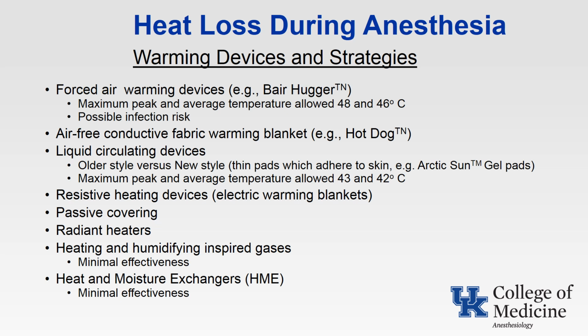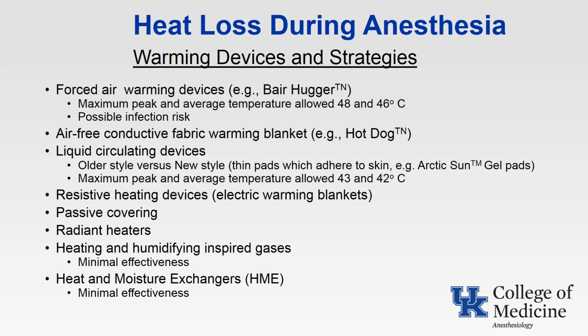What are some of the warming devices and strategies? The most important nowadays is forced air warming, the so-called Bair Hugger. Air-free conductive fabric warming blankets like the Hot Dog. Liquid circulating devices. Resistive heating devices. Passive covering. Radiation heaters.